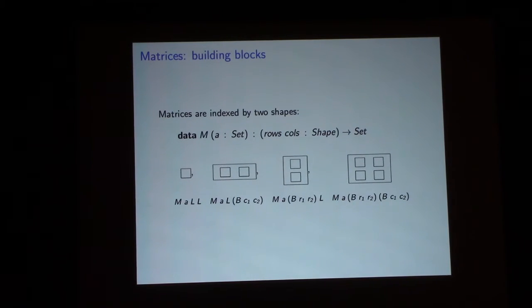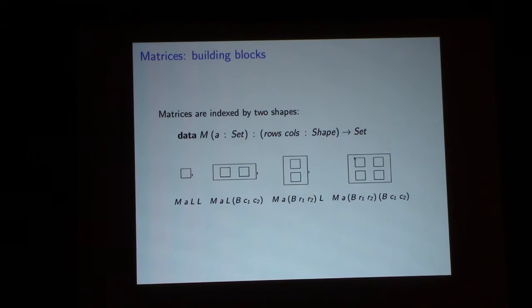Then I have a constructor for row matrices, and as we can see at the type here, this can only contain other row matrices, so there are no columns inside these small boxes. The same with the column matrix, which is constrained to only have columns inside it as well. And then we have this quad construction, where we can have whatever you want inside.